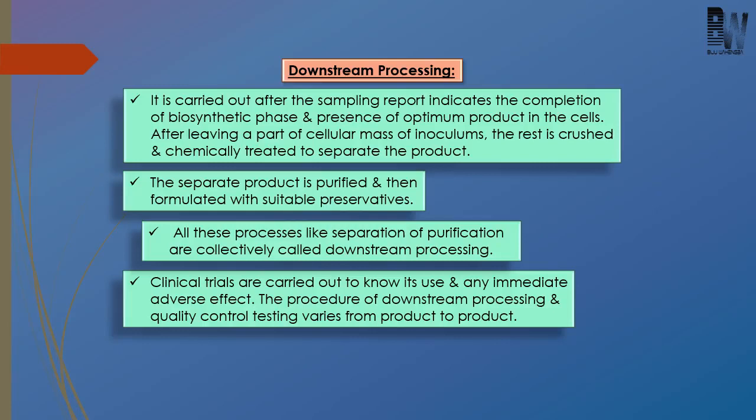The separated product is purified and then formulated with suitable preservatives. All these processes like separation and purification are collectively known as downstream processing. In case of a drug, clinical trial will be required before it is released for marketing. So like this we can obtain the product in large quantities. Last step, that is downstream processing.